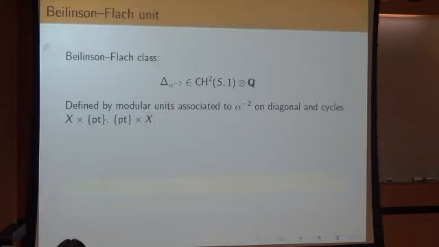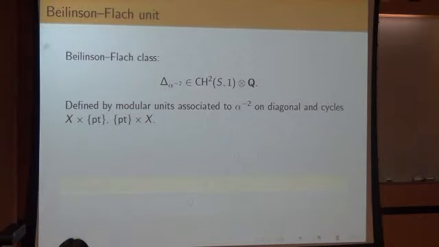Okay, so this element of Chow 1 of S associated to f is going to be paired now with a certain class in Chow 2 of S comma 1. Okay, so there's a certain class that has been called the Beilinson-Flach class, because it appears in the work of Beilinson and also in Flach's study of the symmetric square L-function. So this is a certain element in Chow 2 of S comma 1. And remember, what is an element of Chow 2 of S comma 1?